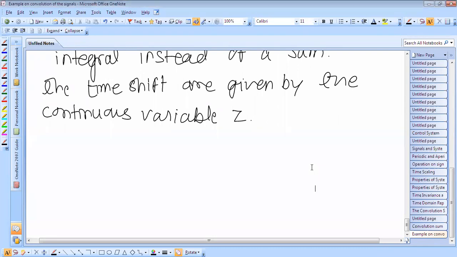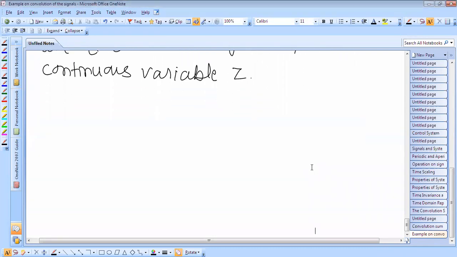The weights x of tau and d tau are derived from the values of the signal x of t at the time tau at which each impulse occurs.